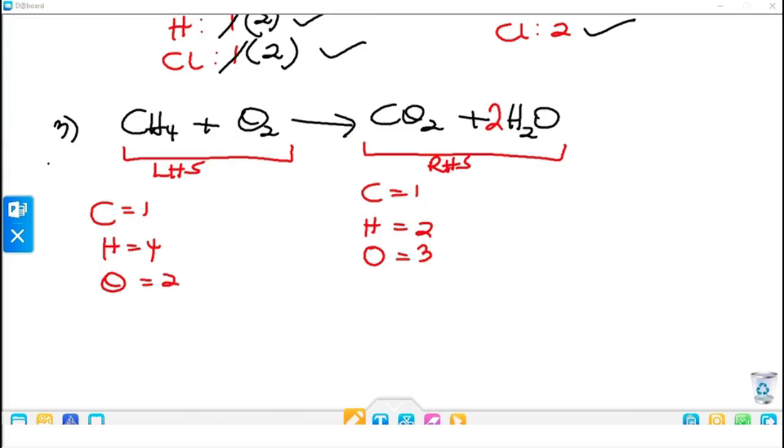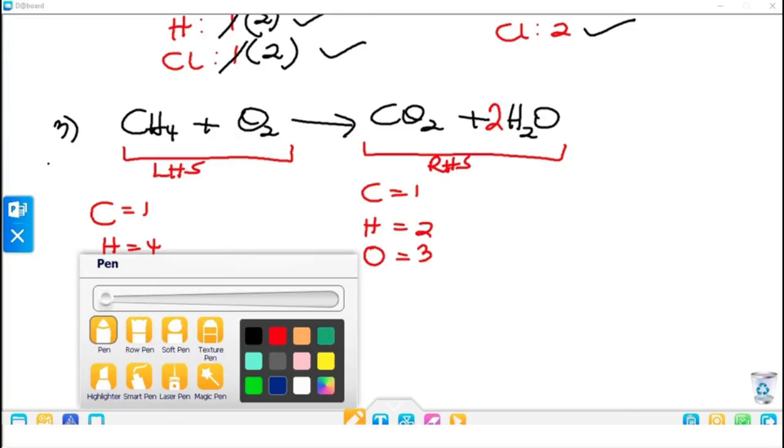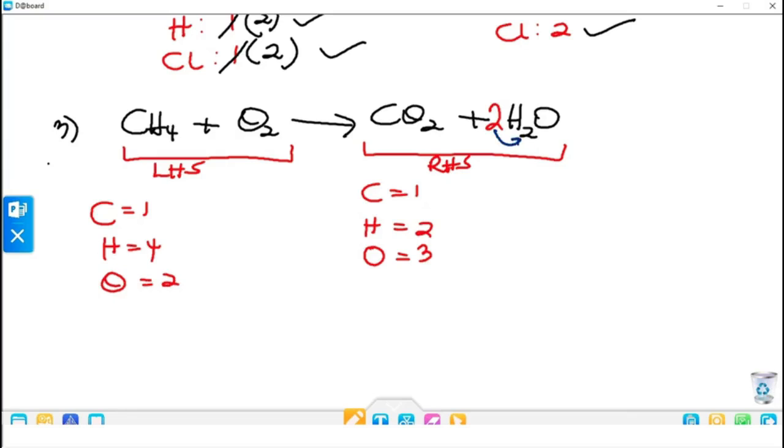This small 2 here is for hydrogen alone, but this one here is for both hydrogen and oxygen. So hydrogen will now become 2 times its own 2, which is 4. It is now balanced with the one at the left-hand side, the reactant side.